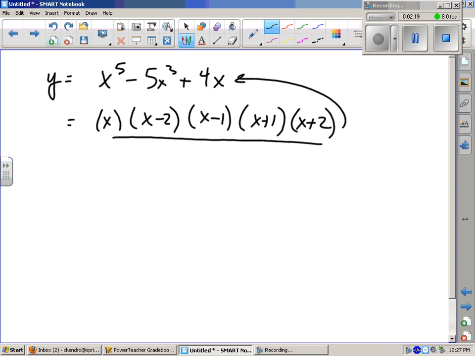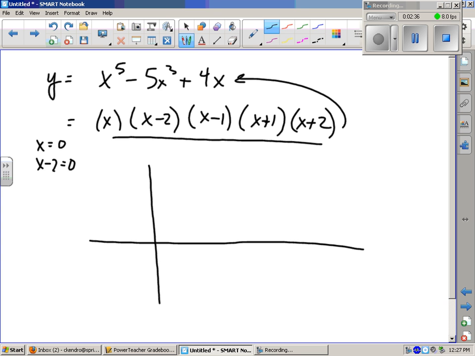Each parentheses gives you a clue as to where the graph crosses the x-axis. And what you do is you set each of these equal to 0. So x equals 0, x minus 2 equals 0, x minus 1, x plus 1, and x plus 2, and solve it.